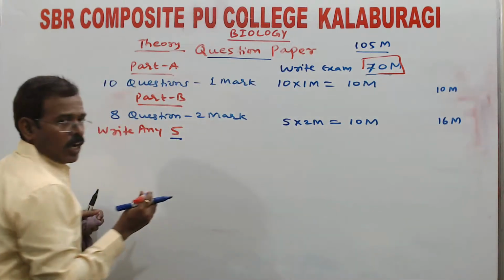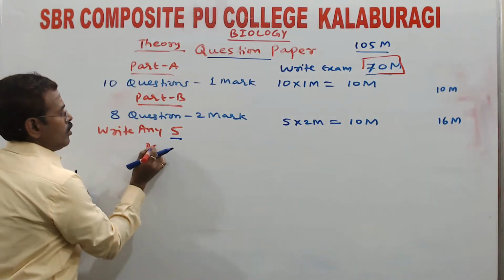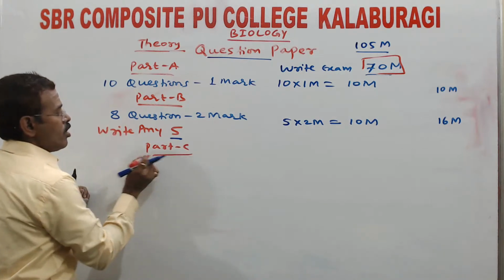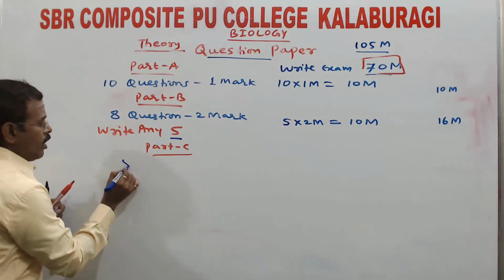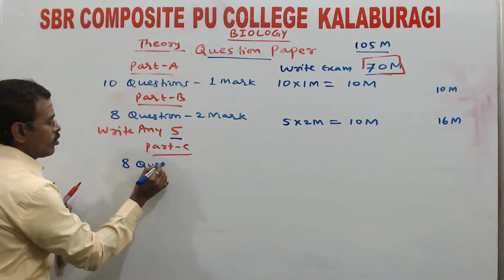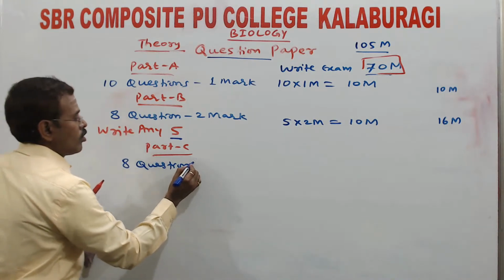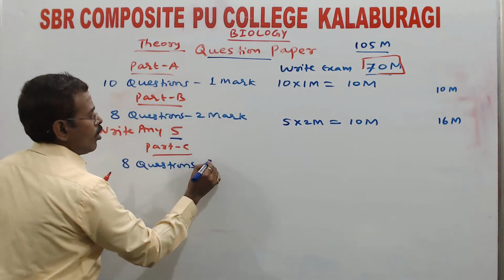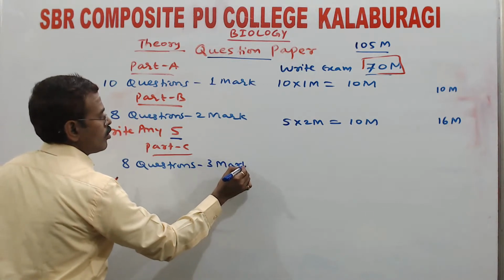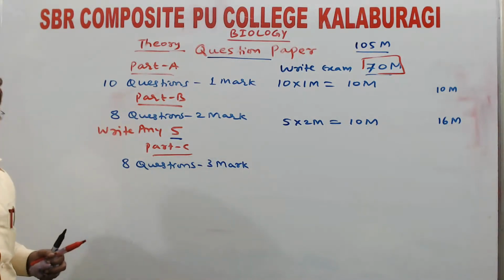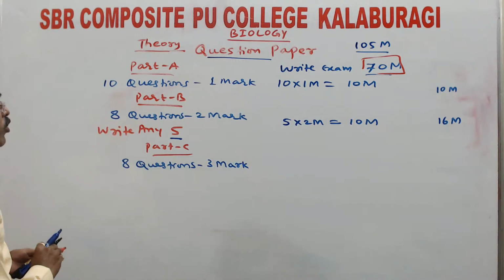Then next we have part C. Here 8 questions of 3 marks. How many do we have to write?